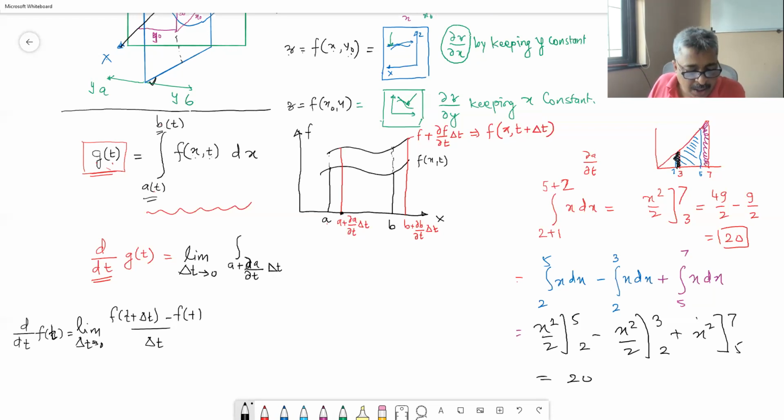Change in this, B plus del b by del t times delta t, that is the next position, the function f of x, t plus delta t, which we have written as f plus del f by del t into delta t, that is our function dx, minus integral a to b f dx.